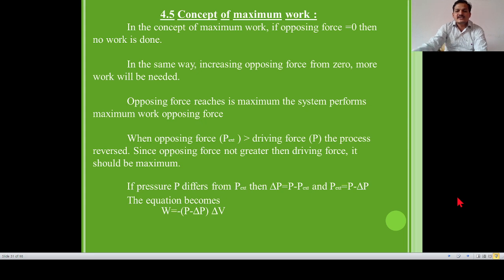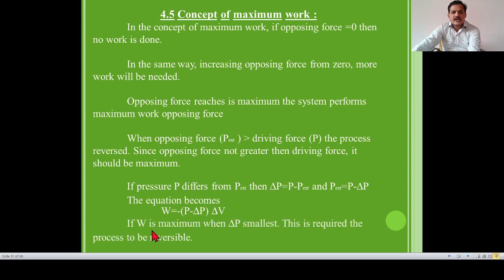So Pex is equal to P minus delta P. The equation becomes W is equal to minus, in bracket, P minus delta P, into delta V. W is maximum when delta P is smallest; this requires the process to be reversible.